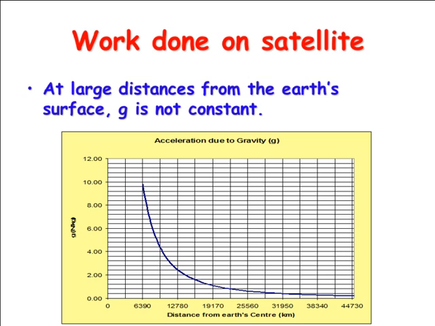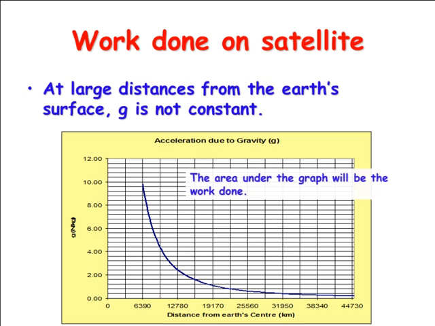What we can do is calculate the work done. Effectively we're going to have a distance-force graph. On a distance-force graph, the area under the graph is the work done. So we can analyse and approximate an area under the graph for a change in distance.